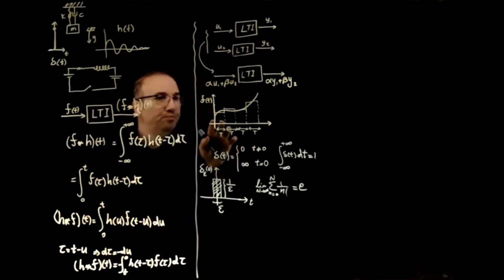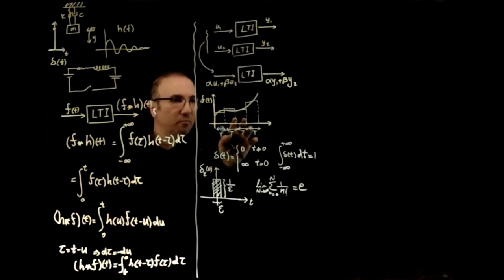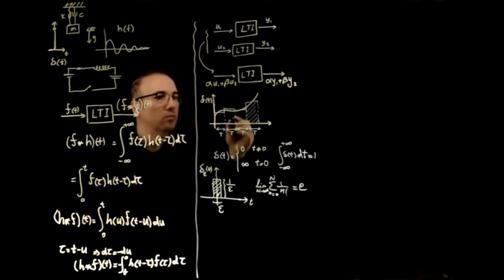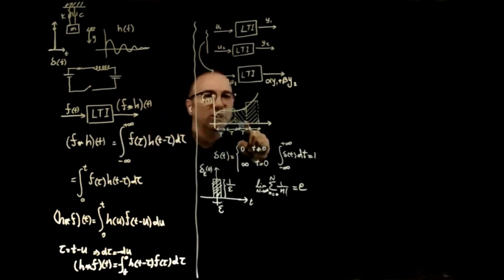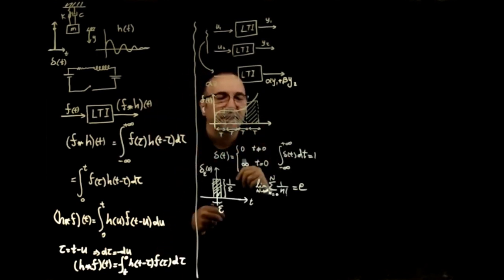So now we have pulses as input. And then when we make these limits go to 0, it becomes like an impulse. Let's see what the area under these pulses is. And in order to use linearity, we envision this as 4 different inputs.